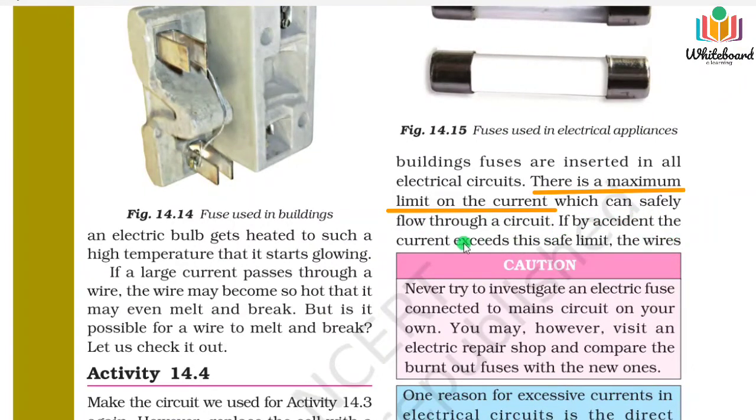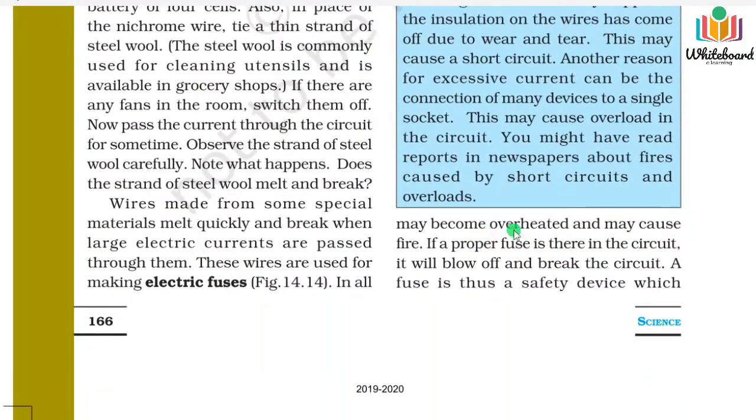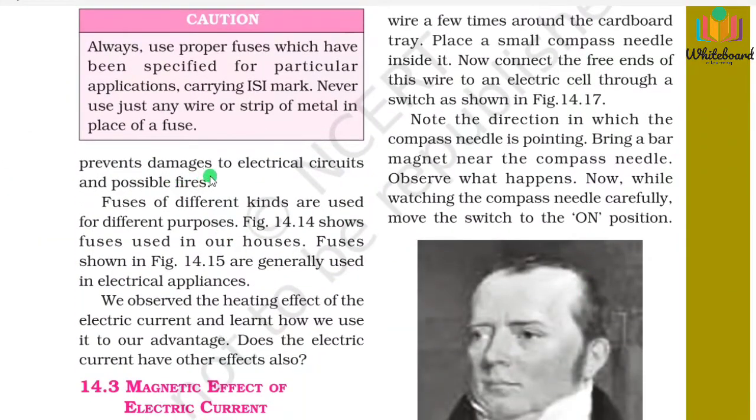If by accident the current exceeds this safe limit, the wires may become overheated and may cause fire. If a proper fuse is there in the circuit, it will blow off and break the circuit. A fuse is thus a safety device which prevents damage to electrical circuits and possible fires.